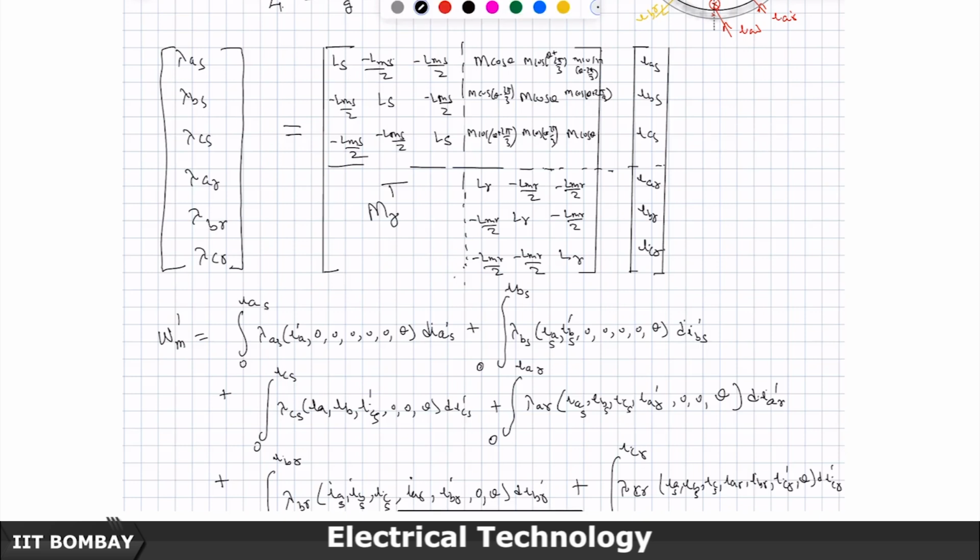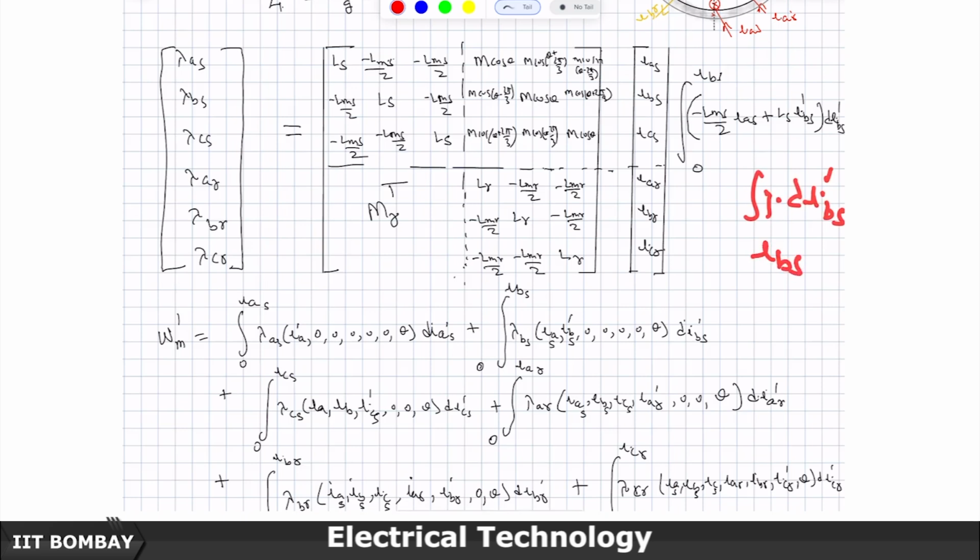Let me write this properly: minus LMS by 2 IAS plus LS IBS dash, and this term is being integrated from 0 to IBS times dIBS dash. When you do this, the whole of this thing is like a constant, so take it out. The integral of 1 times dIBS dash will just be IBS, and the limit of the integral is 0 to IBS.